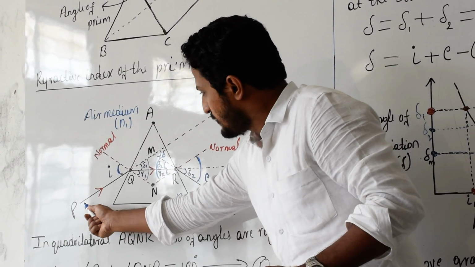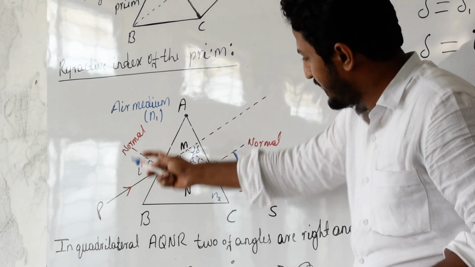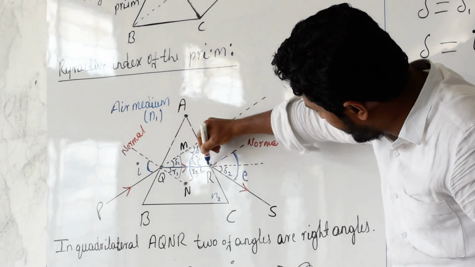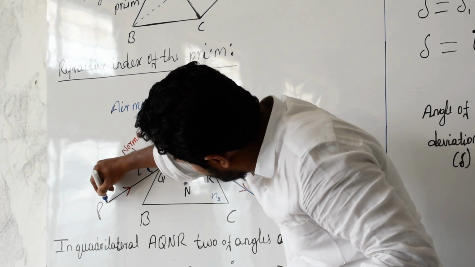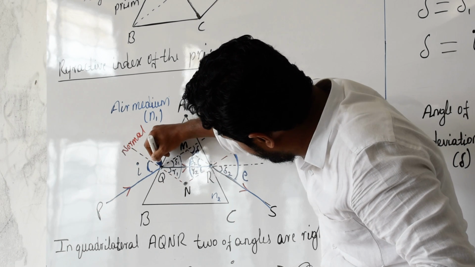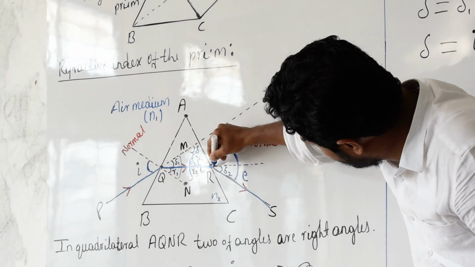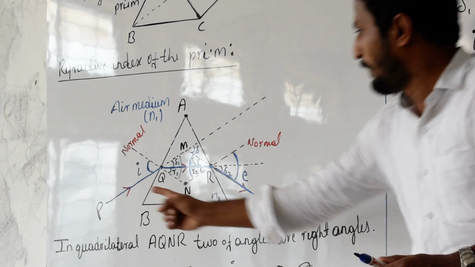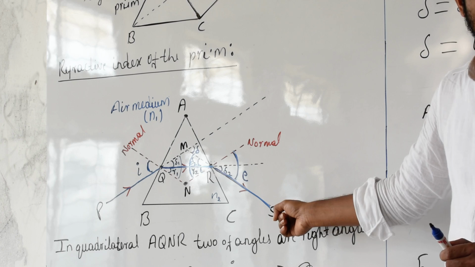Here you send this light PQ like this, it propagates like this, and finally comes out like this. Look at PQ, QR and RS.